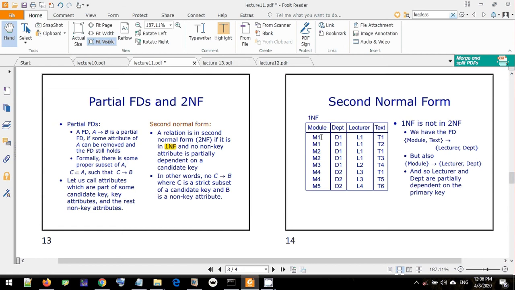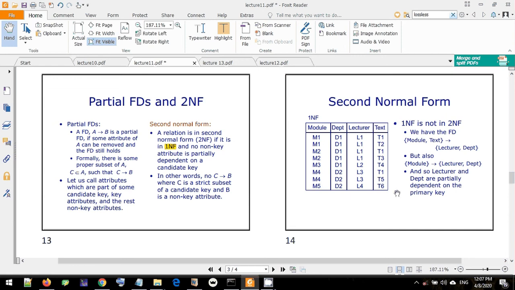For every module, the lecturer and the department must be the same. Module 1, lecturer and department must be the same; module 2, lecturer, department; module 4, lecturer, department.